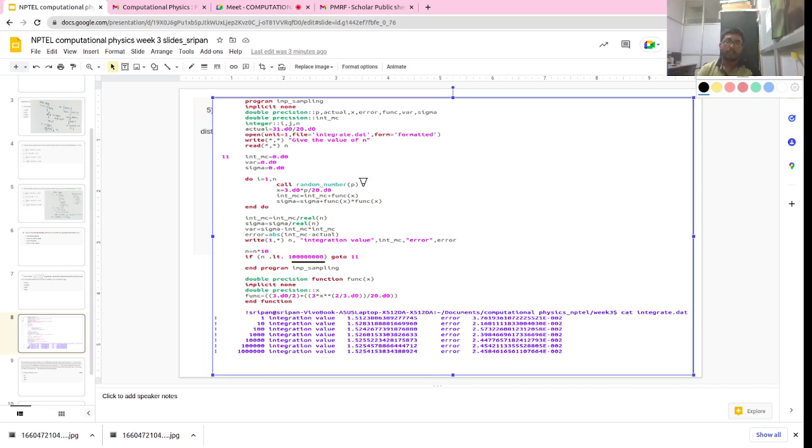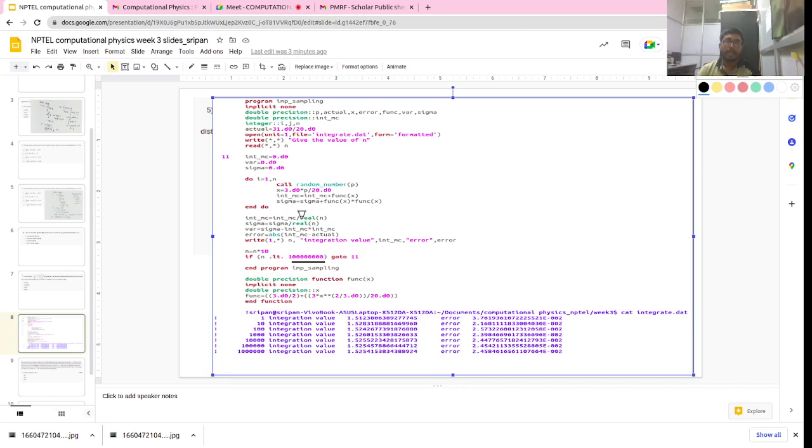Then you need to change that to be 3/20 into p, since that will be the limit of the integration in this case. Since this generates random numbers between 0 and 1, and you need the upper limit to be 3/20, I am just multiplying to manipulate our random numbers.